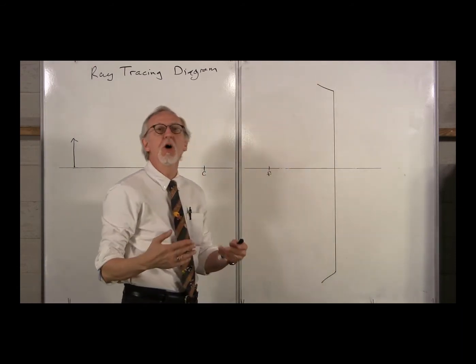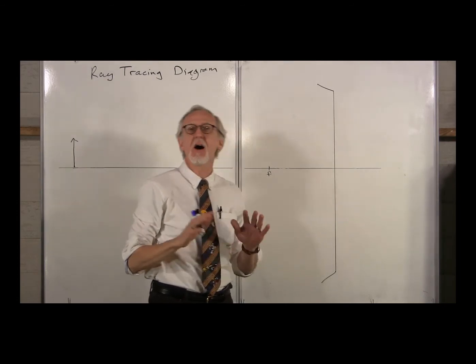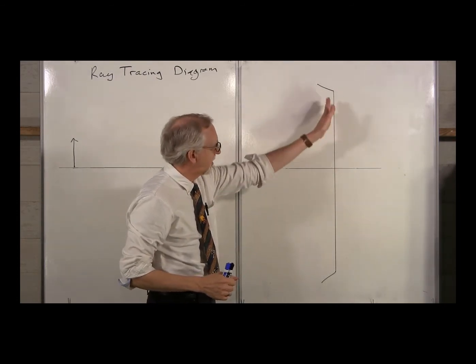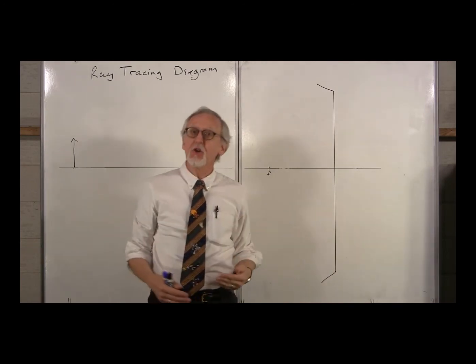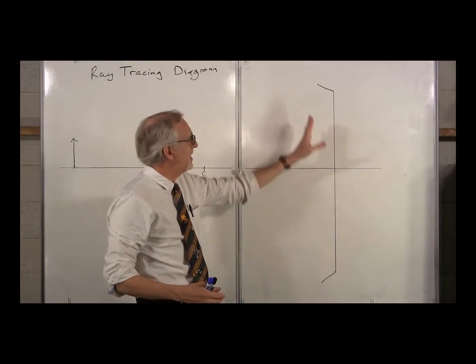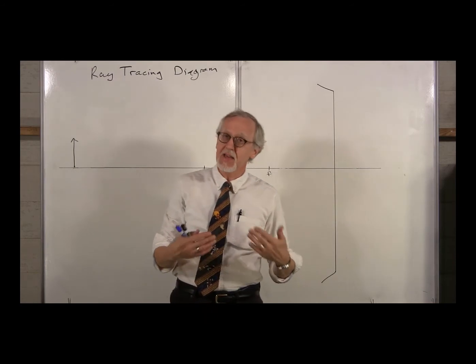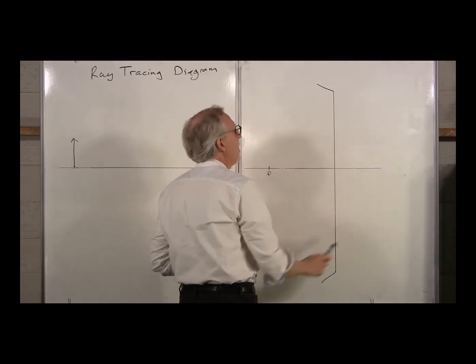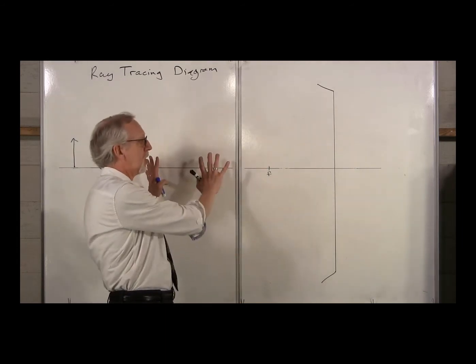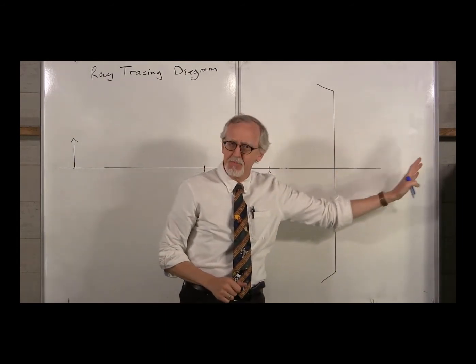Whenever you draw a concave mirror, you should draw it like this, a straight line with these tabs on the top. And anytime you see something like this, you should recognize it as a concave mirror. I'm not going to put the cross hatching on the back, but keep in mind the light is all over here, and that's the back of the mirror.